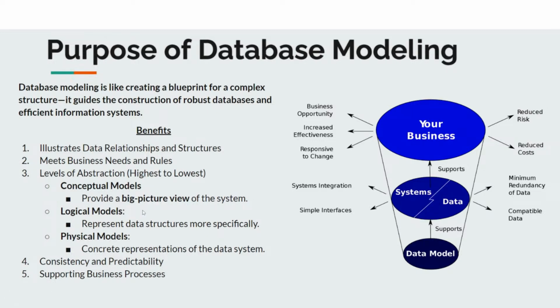Then you could create logical models that represent data structures more specifically, and then your physical model would be defining your tables and relationships in a database. We'll see examples of all three, but it helps when you don't know all the details to design it at the high level, and then design and architect successive levels of complexity.